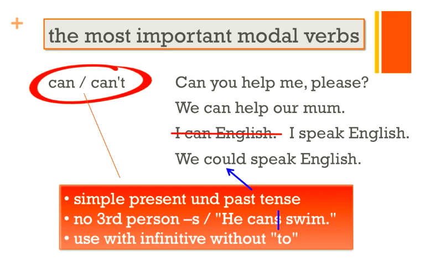And please always use it with the infinitive without the to. You cannot say I can English. It's can you help me, please? Infinitive without the to. We can help our mom, or down here, we could speak English. Okay, so much for can and can't.